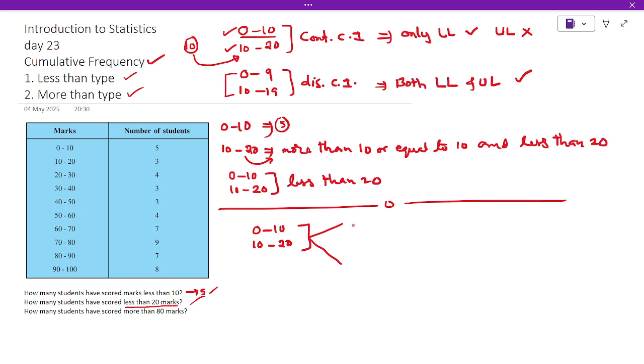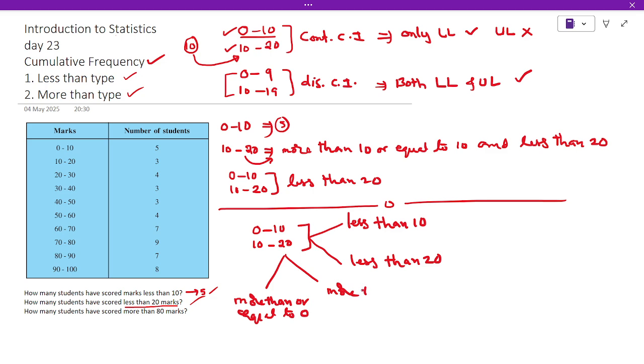The first one is, I can say less than 10, less than 20. That is one way. Another way is more than or equal to 0.